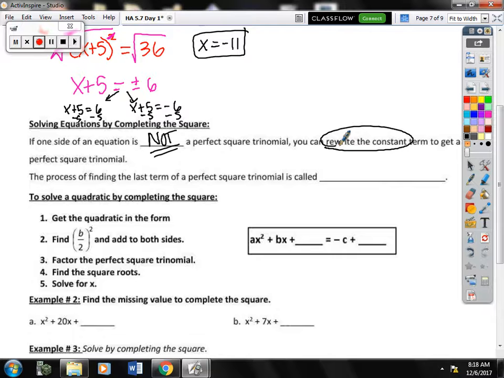So you can rewrite the equation to make a perfect square trinomial. The process of finding the last term of the perfect square trinomial is called completing the square. Because you're completing the equation to make it into a perfect square trinomial.